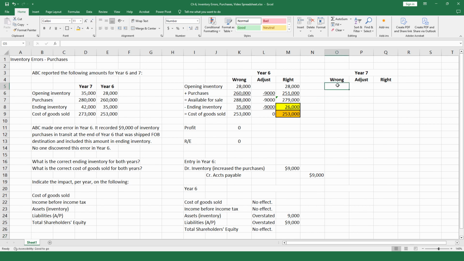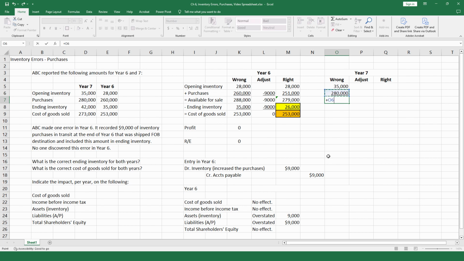We're going to input the information we have from the question, but note that the ending inventory from last year, which was $35,000 when it was wrong, is equal to the opening inventory for year 7. So we're going to take that and notice the information in the question was the same. Opening inventory, $35,000. Purchases are $280,000.